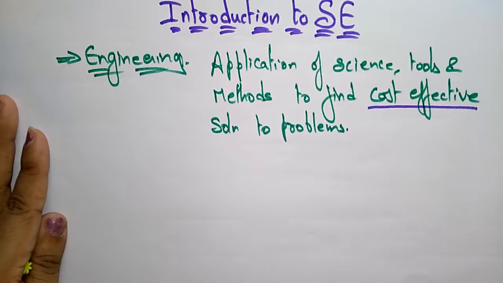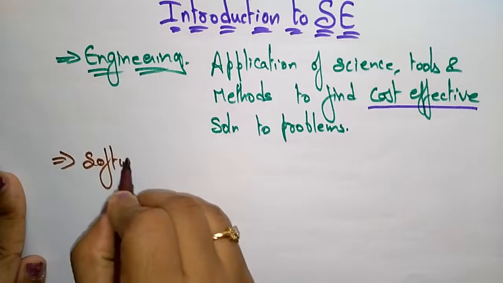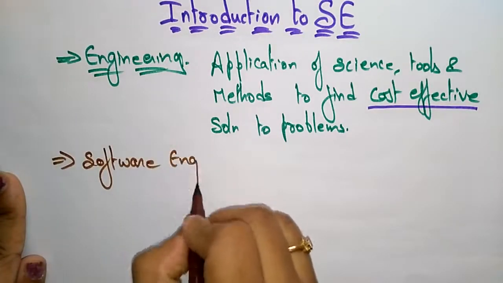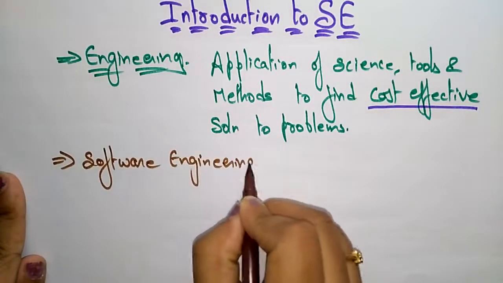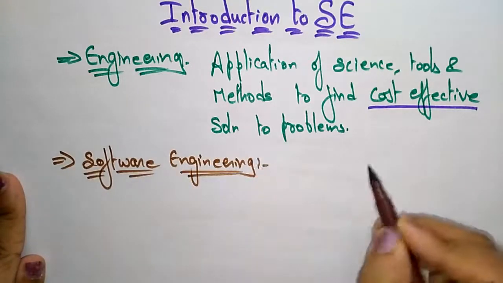Now let us see the definition of software engineering. Engineering means application of science, tools and methods. And what about software engineering?